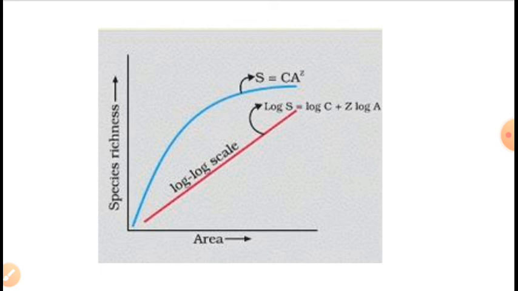So by studying this formula, its logarithm scale and this graph, we can understand the species area relationship. We can understand the pattern of biodiversity this way, through two types of patterns of biodiversity: the latitudinal gradient and the species area relationship. By studying these two theories, we can now easily understand the pattern of biodiversity.